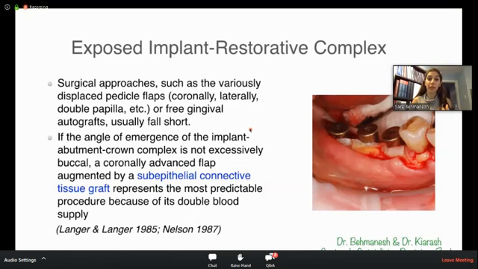What's the best method to thicken up the tissue on the buccal? Studies show the best thing is the old connective tissue graft. The subepithelial connective tissue graft is the best method because not only does it increase the thickness of the tissue, it increases the band of attached and keratinized tissue as well.